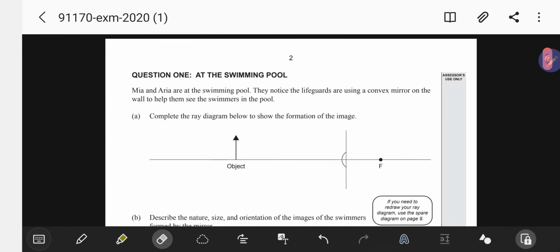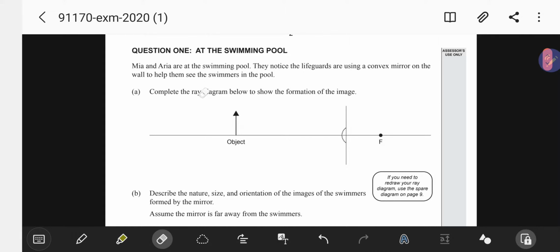Okay, question 1. At the swimming pool, Maya and Arya notice the lifeguards are using a convex mirror in the wall to help them see the swimmers in the pool. Complete the ray diagram. Okay, so convex mirror, a line from here to here, and it's going to go out from here like here, but then this is actually going to be dotted.